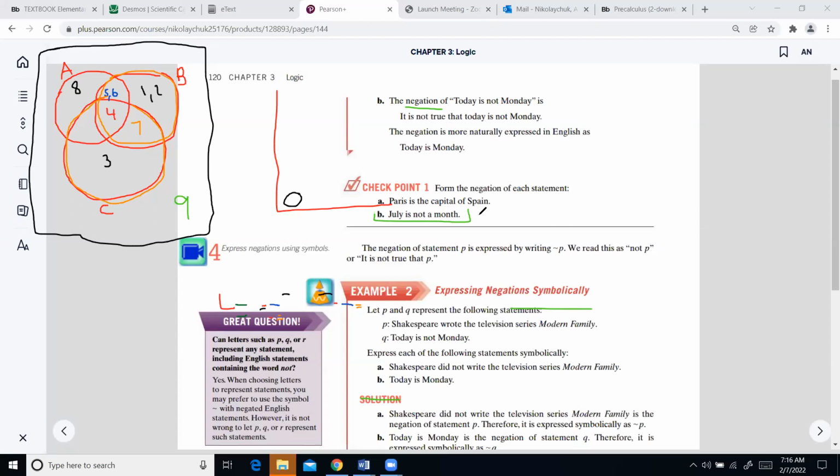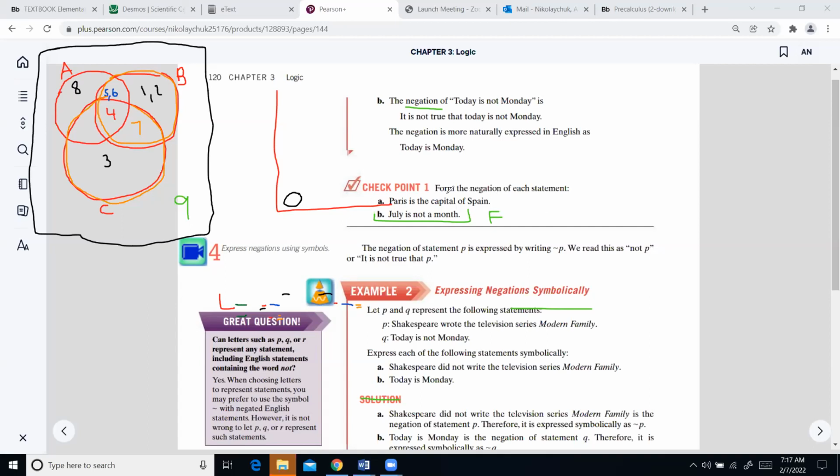Whether it is a correct statement or not is another question. One may not agree and say, no, this is a false statement because July is a month, right? So one can say this is a false statement actually, but it is still a statement.